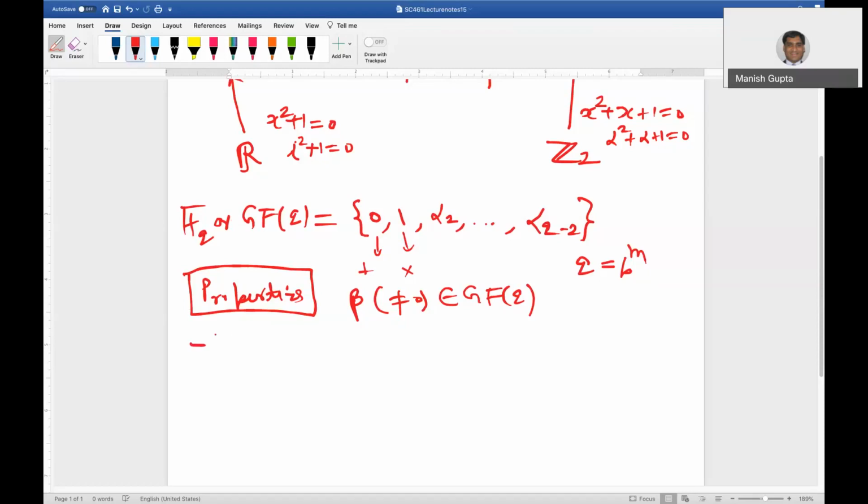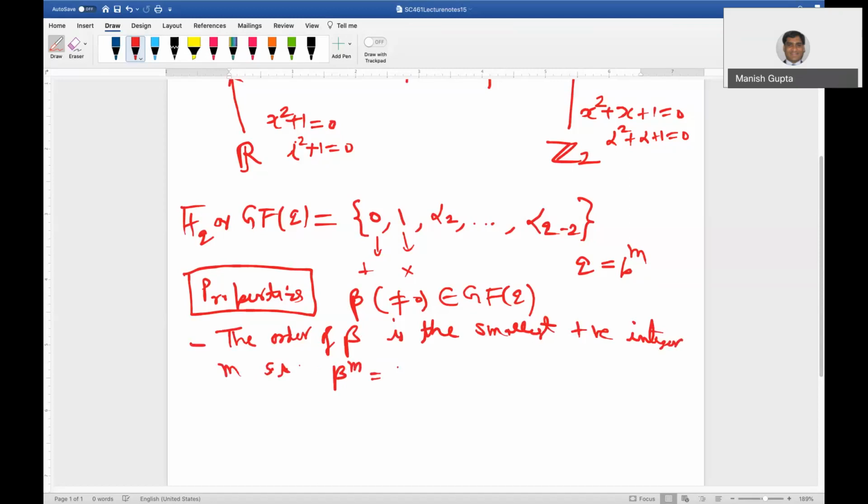The order of beta: if beta is any non-zero element in GF(q), the order of beta is the smallest positive integer m such that beta raised to power m is equal to 1. Okay, that is known as the order of the element.